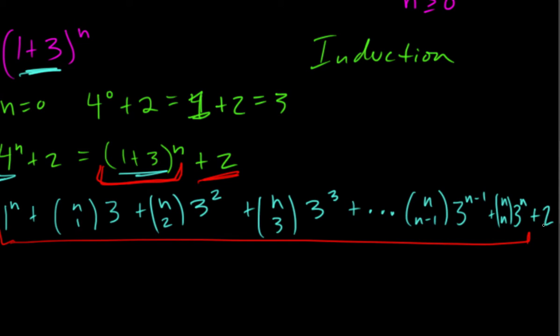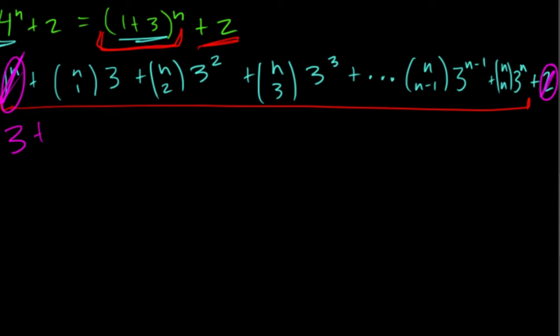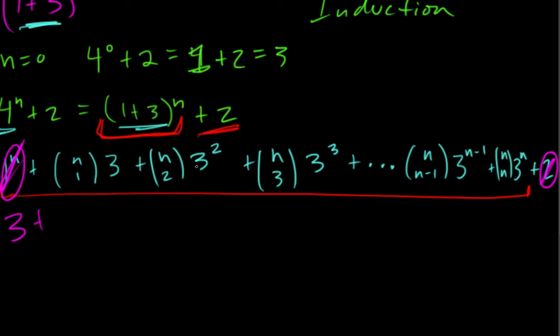Now, if we combine this and this, 1 to the n is just 1, and so 1 plus 2 gives us a 3. Everything else is multiplied by a 3 or a power of 3, and so everything is divisible by 3.